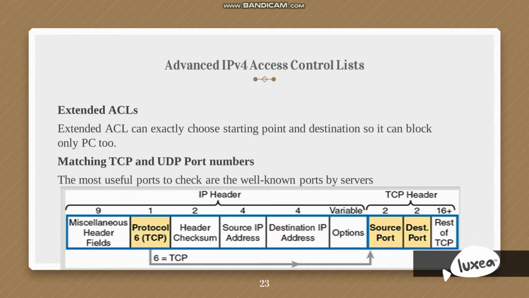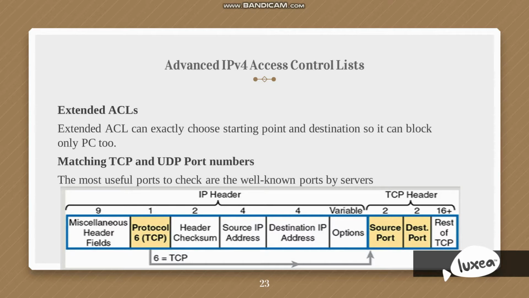A standard ACL can block all data, but it can only block based on the source network, which means if I wanted to block one PC, I would block all PCs when I used 2.2.2.0. Extended ACL can exactly choose the source and destination, so it can block only that PC.